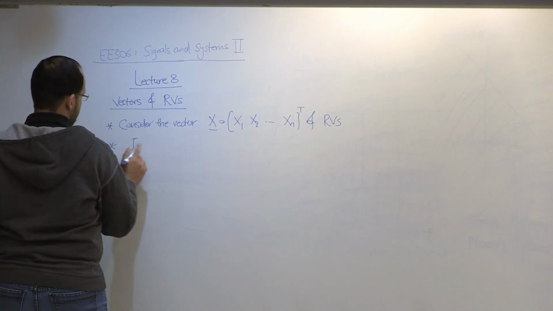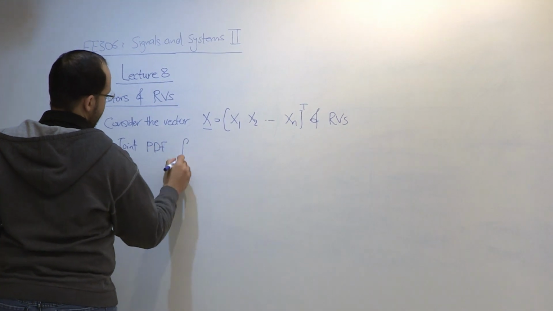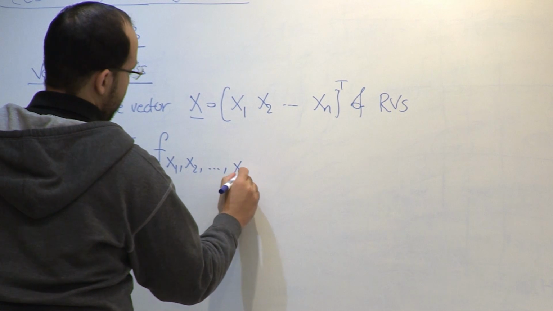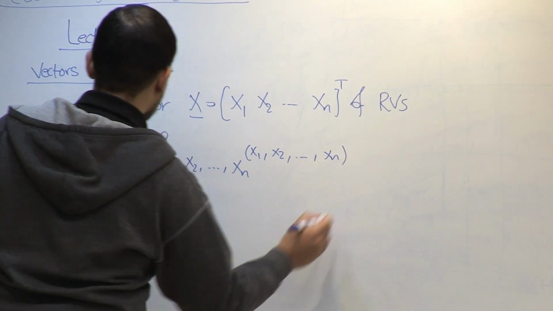The joint PDF is f of X1, X2, up to Xn, evaluated at x1, x2, up to xn.